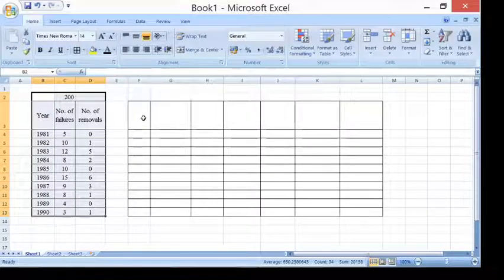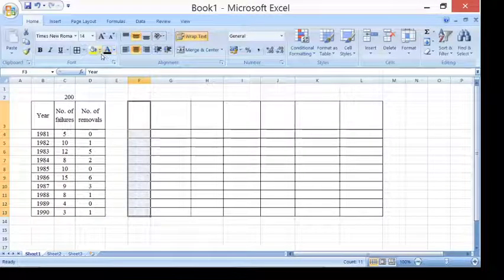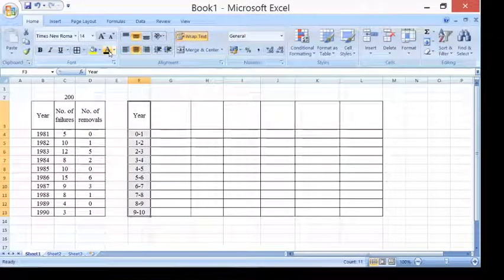Suppose we consider this data on a scaled time axis. At the start of 1981, we fix the origin as 0. At the end of the year 1990, we will have the count as 10.